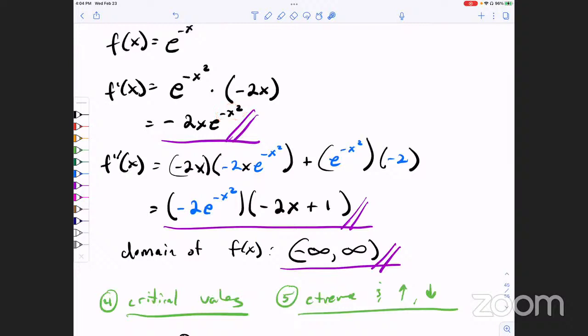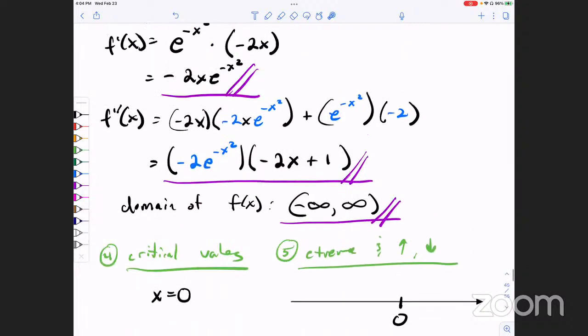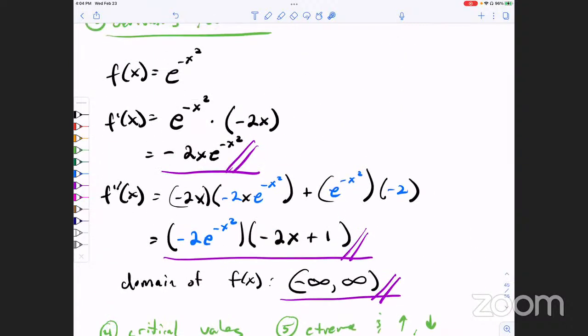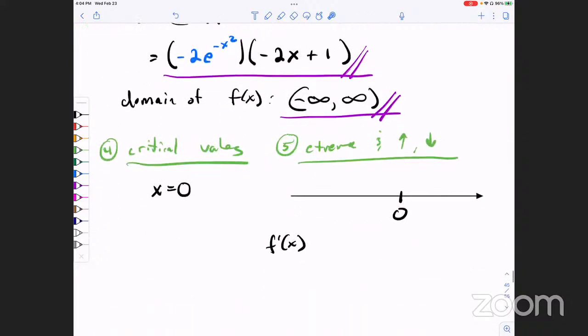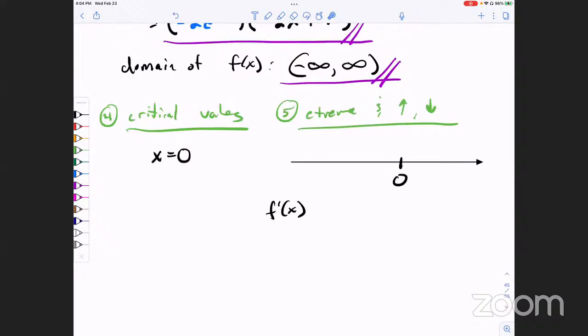So when x is -1, -1 squared is +1, times this negative makes it -1. E to the -1 is still positive, and negative times a negative is ultimately positive, right? So everything here is positive, so that means the original function is increasing.